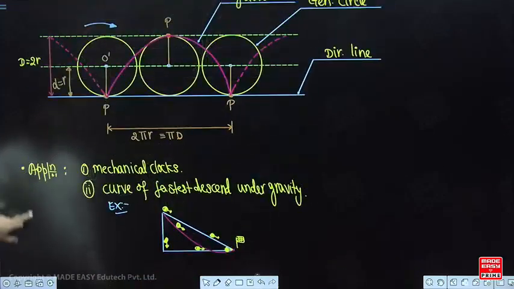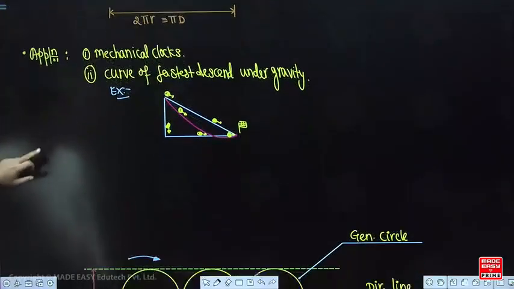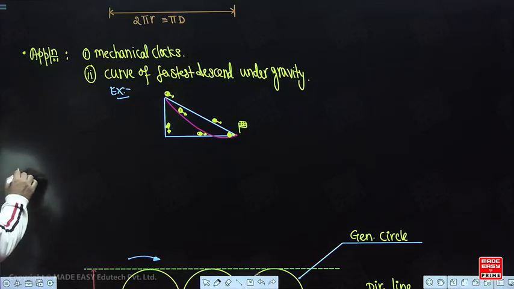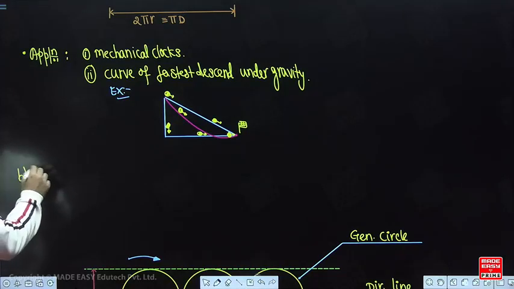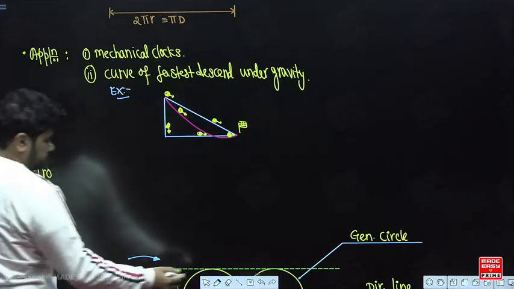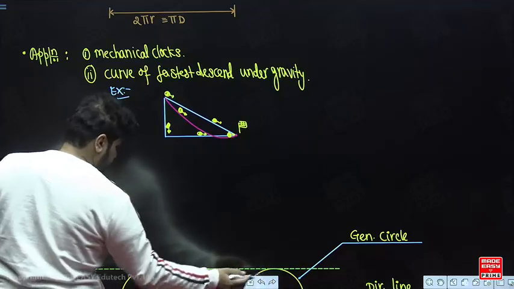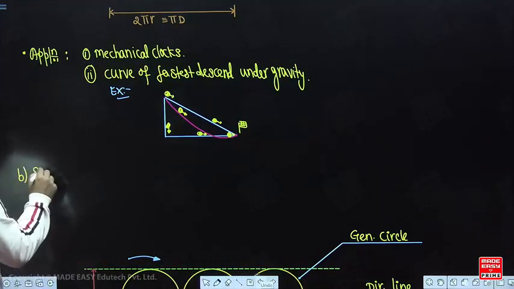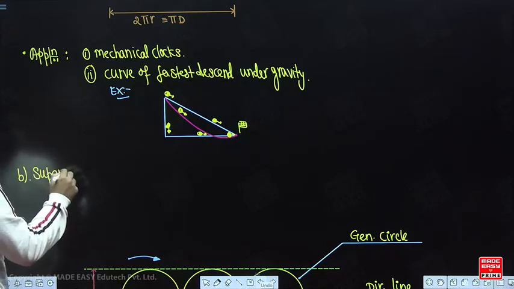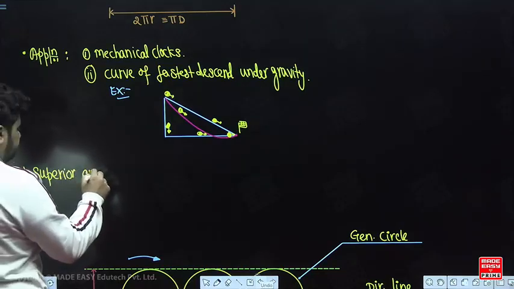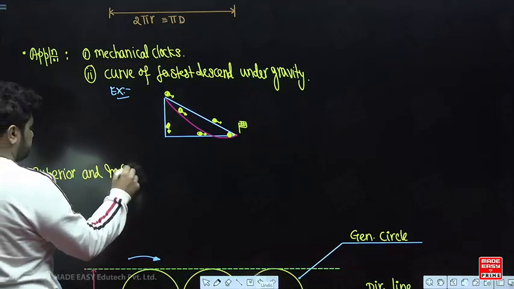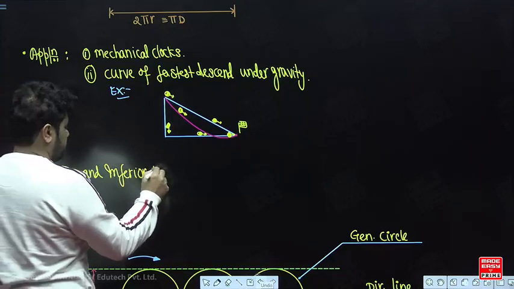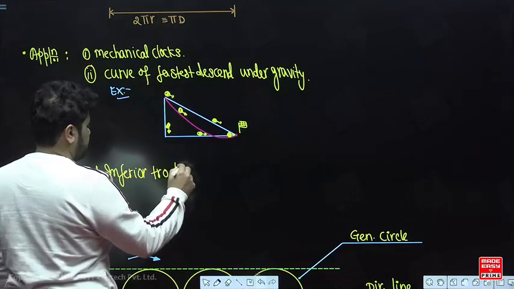Now, the second one, so I have written B: superior and inferior trochoid. What is that?